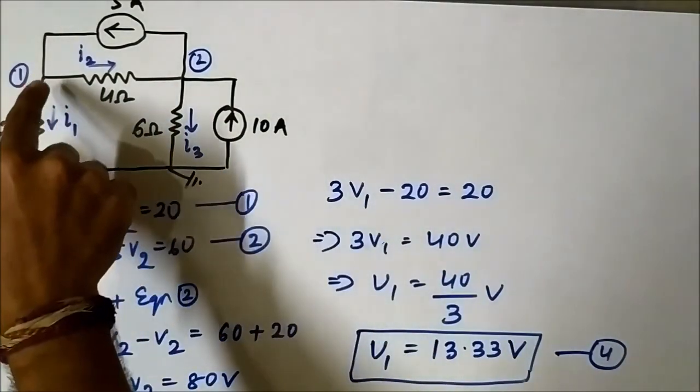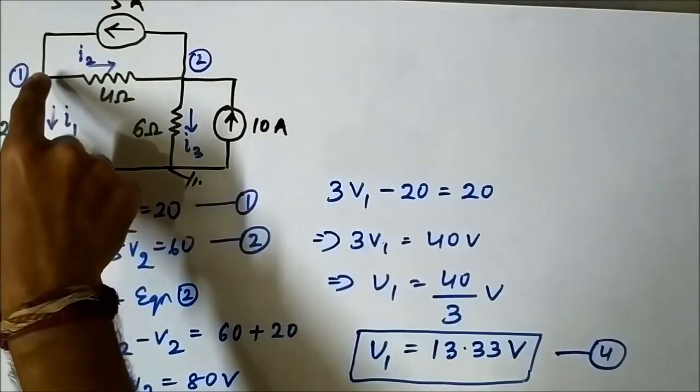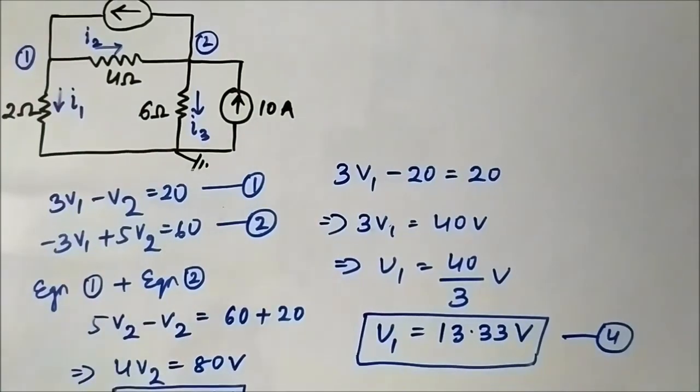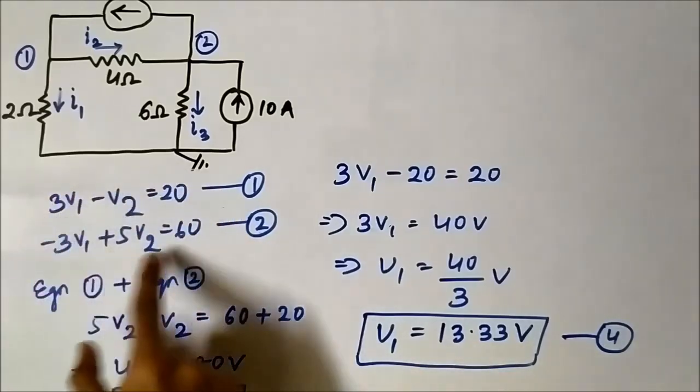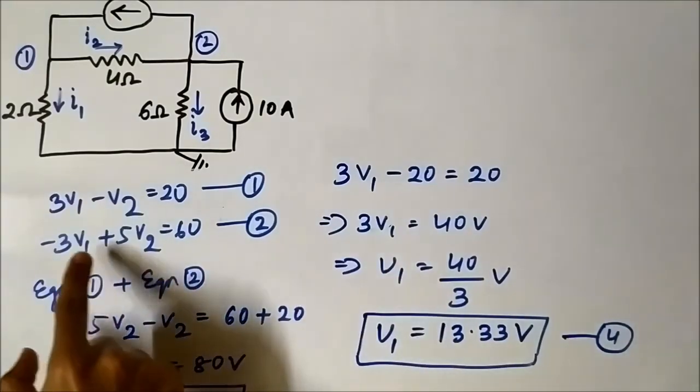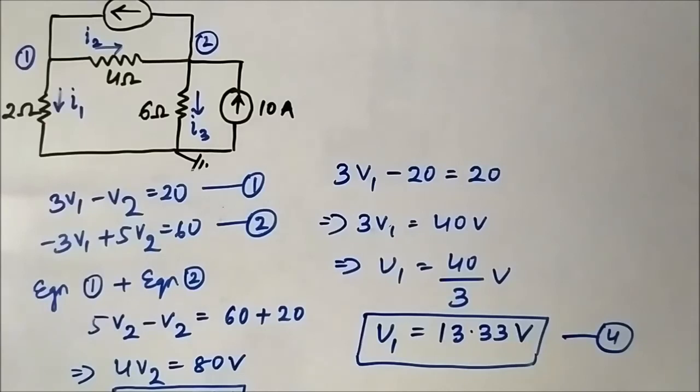Then we wrote the nodal equation or the KCL equation for the respective nodes 1 and 2. Then we represented the unknown currents as higher voltage minus lower voltage divided by resistance, as current flows from a higher to a lower potential. Then we got the two simultaneous equations by simplifying the nodal equations. Then we solved the simultaneous equations to get the two nodal voltages V1 and V2.